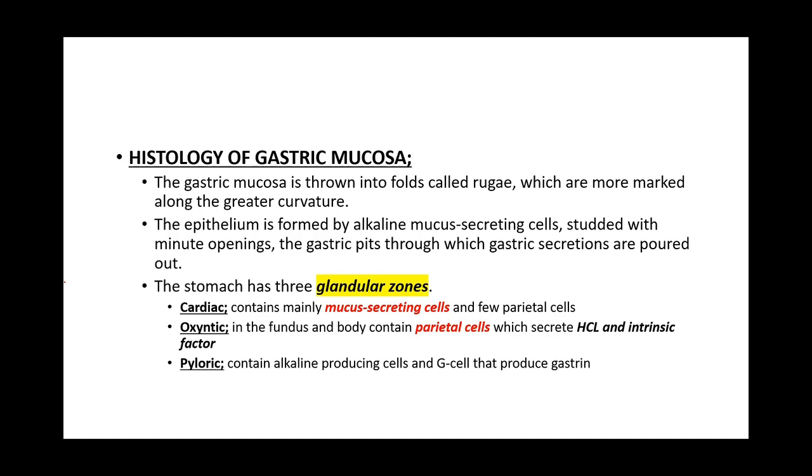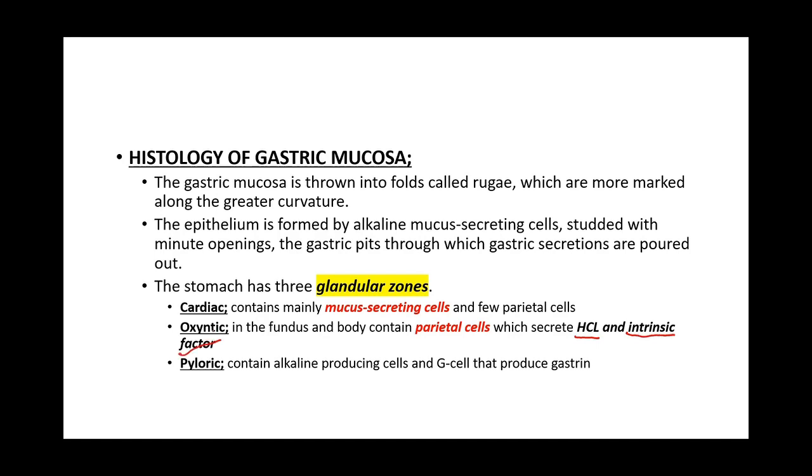The oxyntic or parietal region is the fundus and the body, and these glands contain predominantly parietal cells, which secrete hydrochloric acid and intrinsic factor.